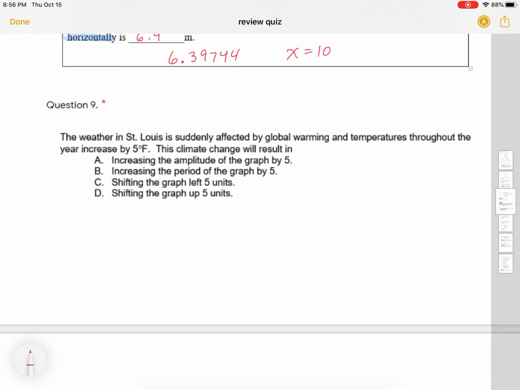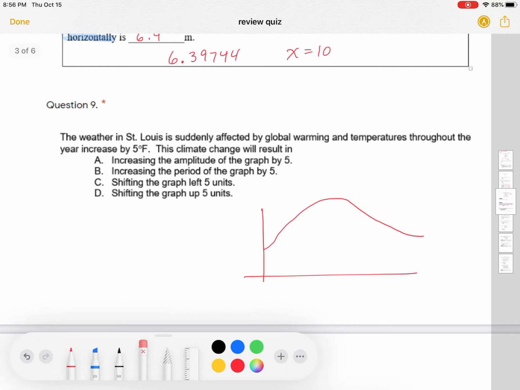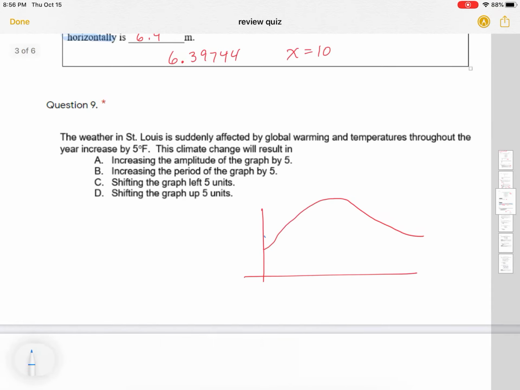Sorry, question 9. The weather in St. Louis is suddenly affected by global warming and the temperatures throughout the year increase by 5 degrees Fahrenheit. The climate change will result in, well, if we have a graph of our weather and it looks like so, generally we start chilly in January and we get warmer in the summer and then we get chilly again in December.